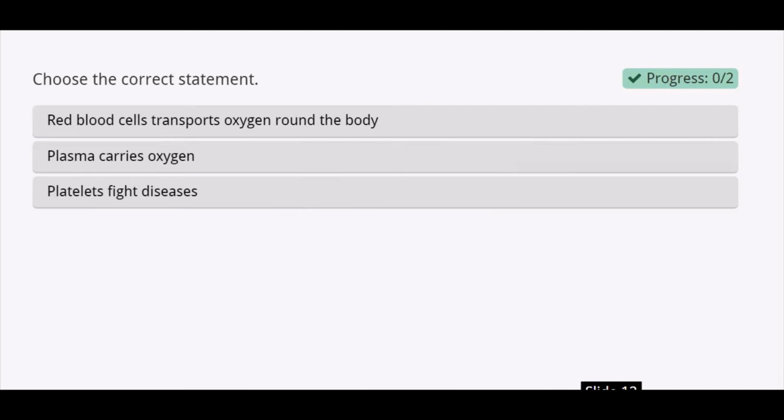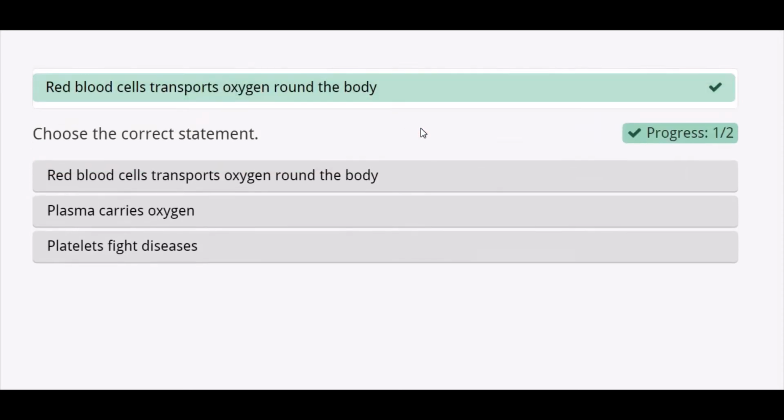Choose the correct statement. Red blood cells transport oxygen around the body. Plasma carries oxygen. Platelets fight diseases. The only correct statement here is that red blood cells transport oxygen around the body.